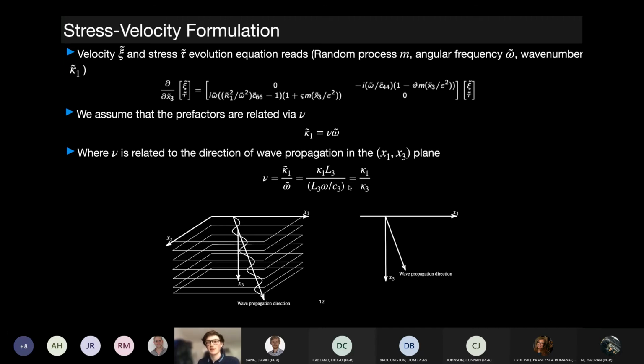In arrays, it's very common that you want to steer the wave in a certain direction as you input it into the material. So we have introduced this into the model, which is nice. We can actually study how the directionality of the wave influences things like the coherent part of the amplitude, so how the material causes the wave to decay. It's important, and it's a new thing.